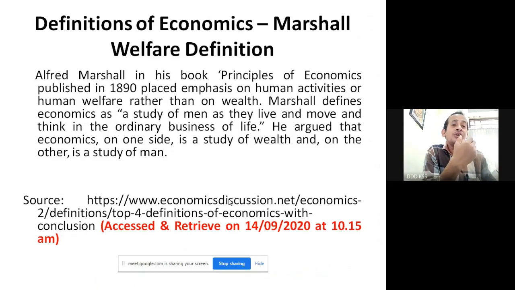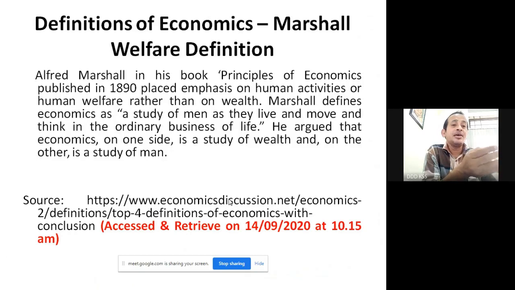According to Alfred Marshall, in his book Principles of Economics, published in 1890, he placed emphasis on human activities or human welfare, human well-being, rather than on wealth. Like Adam Smith gave focus to wealth, Alfred Marshall gave focus to human welfare or human well-being.